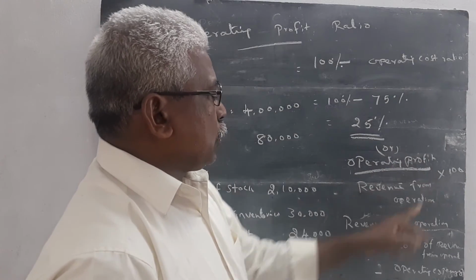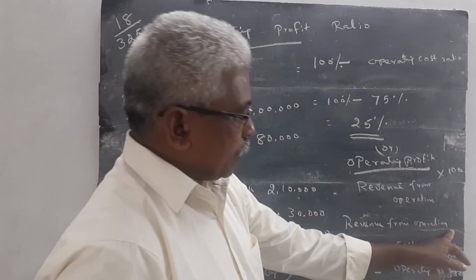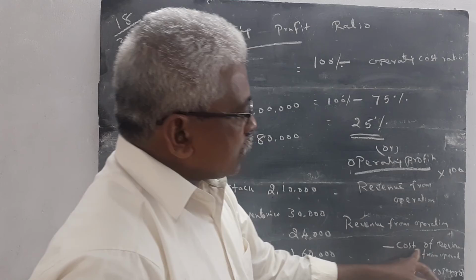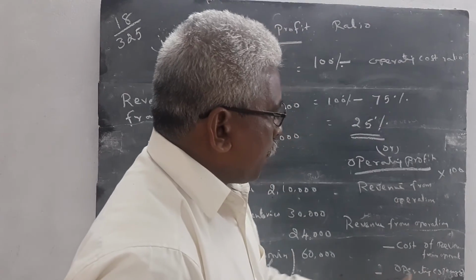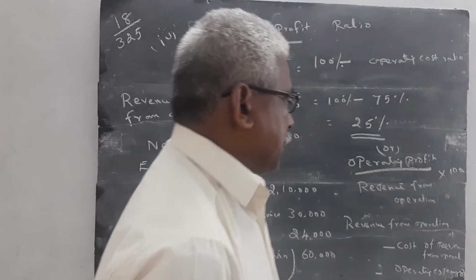Operating profit is equal to revenue from operation minus cost of revenue from operation minus operating expenses. Once again, I explain the formula for calculating operating profit.